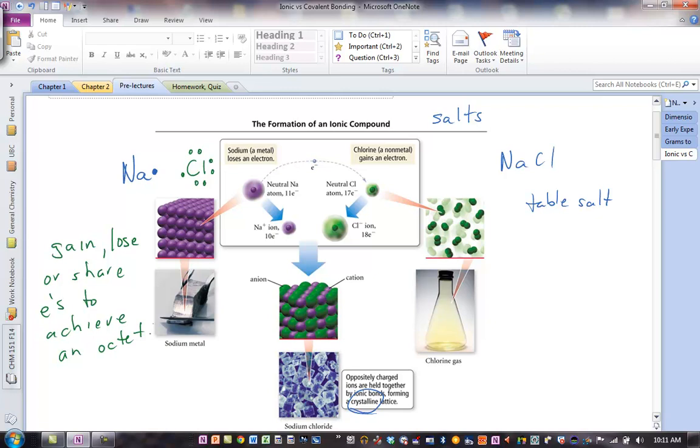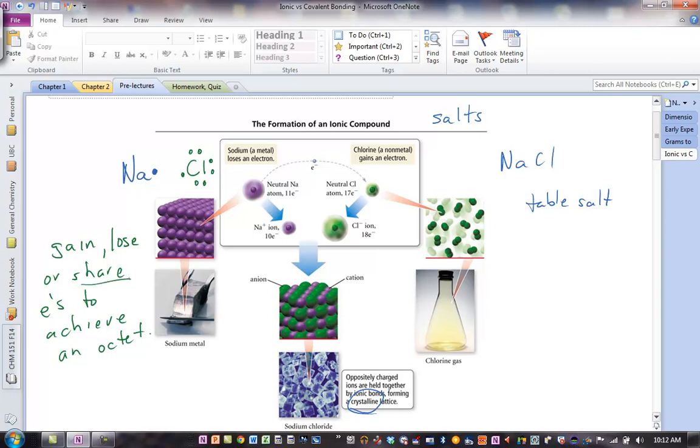And that's how we're going to approach bonding: an atom might lose an electron, another atom might gain an electron, but they're both, in a sense, trying to achieve the same thing, an octet of electrons around that atom. Sometimes electrons might be shared, and we're going to get to that as well.